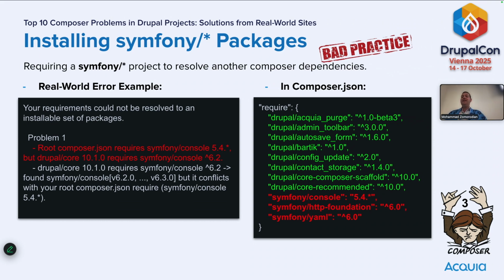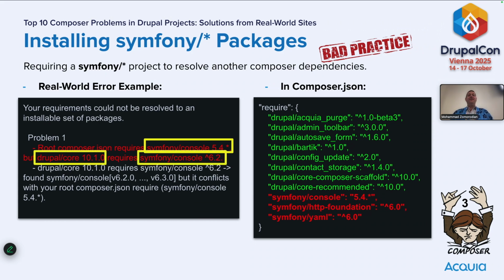For example, in this error on the left side, you can see the error mentioned: symfony/console 5.4 is installed, but Drupal 10.1 requires console 6.0. And you can see from the right side, we have Symfony Console 5.4.